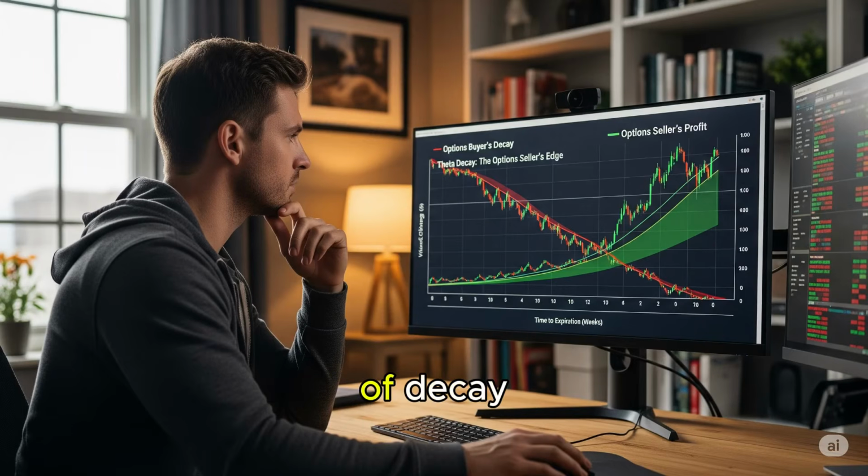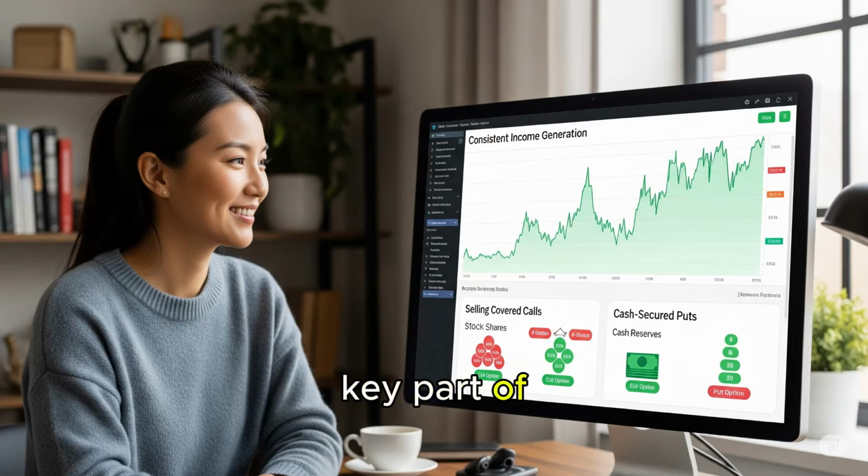This acceleration of decay is why many option buyers get burned by holding positions for too long, while option sellers make a large portion of their profits in the final weeks of a trade. Theta is a key part of many income generating strategies, such as selling covered calls or cash secured puts, which we'll cover later in this series.